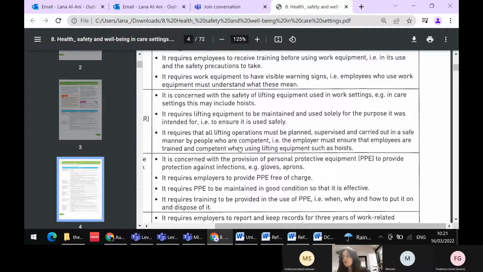Why? Because if you do the lifting incorrectly, you're going to hurt your back, you're going to hurt the person's back. Like any person who you are lifting, you're going to give them pain as well. So it needs to be done properly, planned, and also properly supervised and maintained.